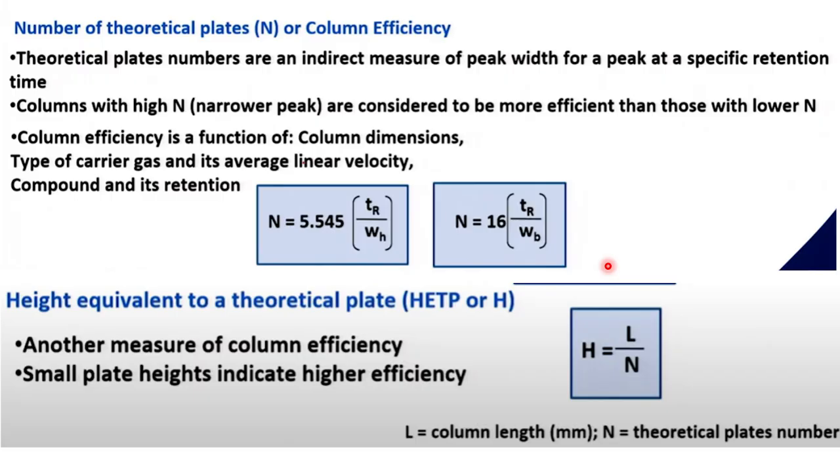So by modulating the column length, you are actually increasing the resolution, since with a higher column length the mixture of analytes gets much more time to interact with the stationary phase.